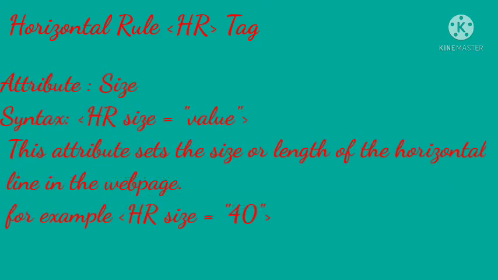The second attribute in the HR tag is size, and it is used to set the size or length of the horizontal line in a web page, and its syntax is HR size equal to value. For example, to set the size of the horizontal line to 40, type HR size equal to 40.